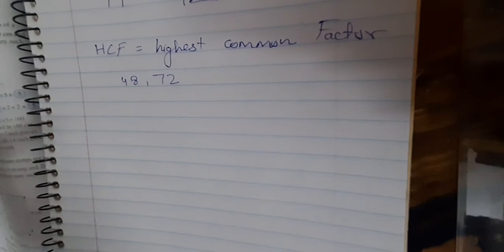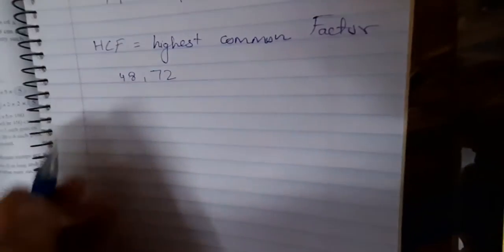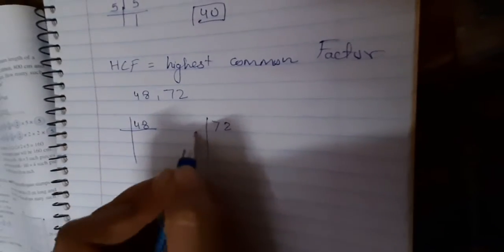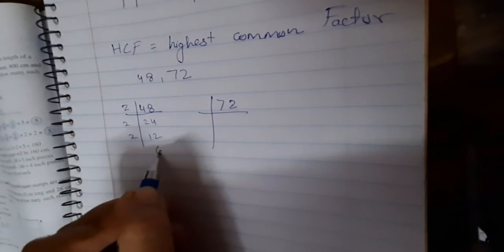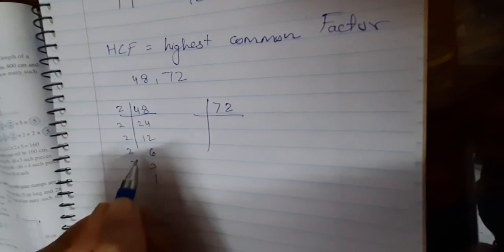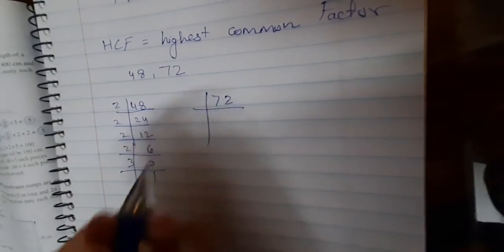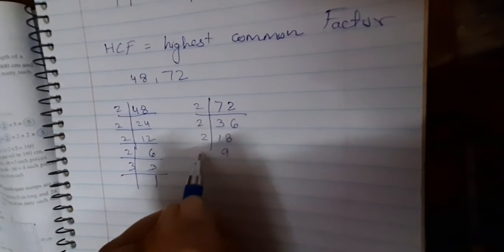You can use any method for finding HCF. We have understood two methods, and I am showing you both here. First we will do the prime factorization method. We will find the prime factors of each, 48 and 72. For 48: 2 twenty-fours, 2 twelves, 2 sixes, 2 threes, and 3 ones. For 72: 2 thirty-sixes, 2 eighteens, 2 nines, 3 threes, 3 ones.